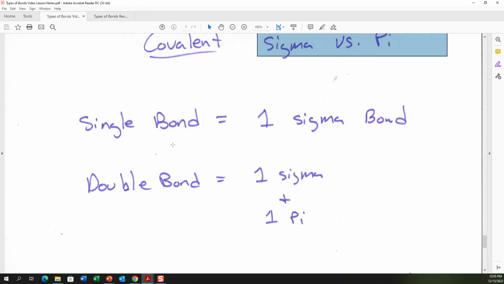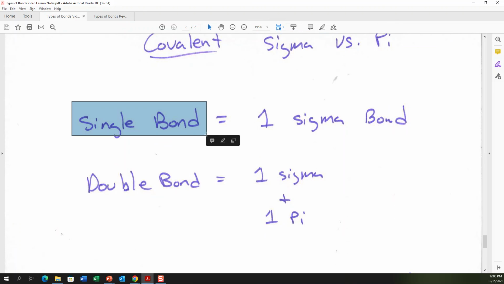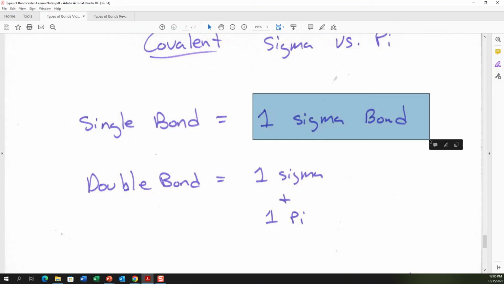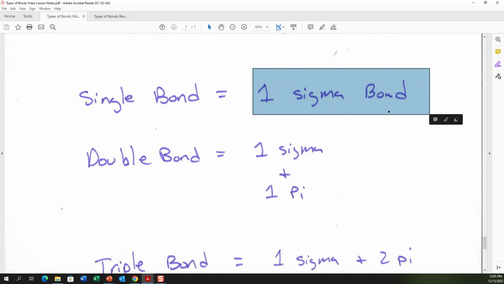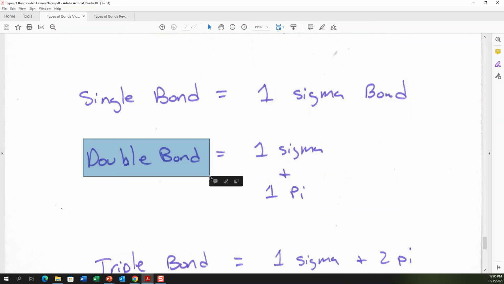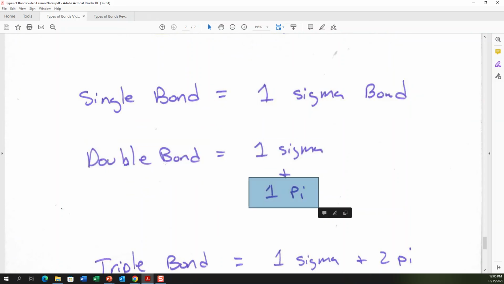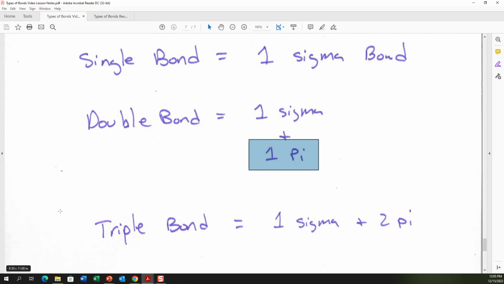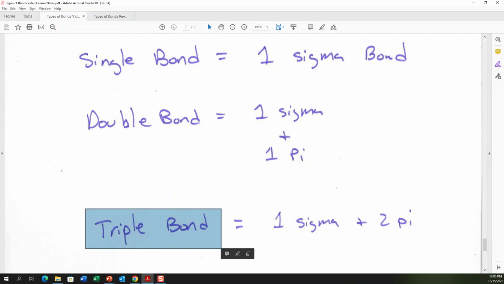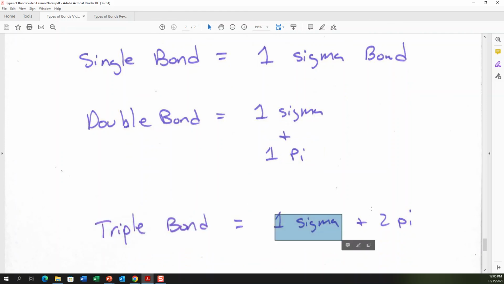All right. So here's the deal. Every single bond is a sigma bond. So one single bond is one sigma bond. Okay? A double bond is one sigma and one pi. One of the bonds in a double bond is a sigma. The other bond in a double bond is a pi. Okay? A triple bond is one sigma and two pi's.